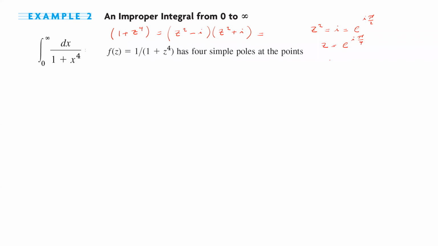And of course, this can be also plus or minus. This can be equal to plus or minus, right? So, and if z squared is equal to negative i, let me see, negative pi over 4.